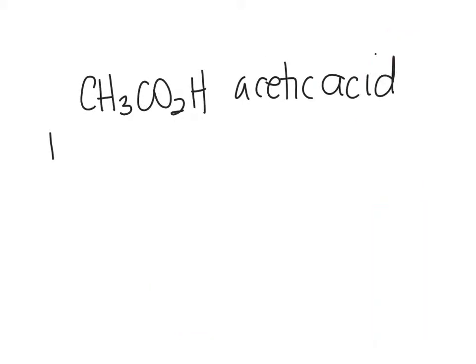Okay, so acetic acid. Let's do the TVS method for this. It's similar to the last structure we did. Total, we've got 2 carbons that want 8. We've got 2 oxygens.